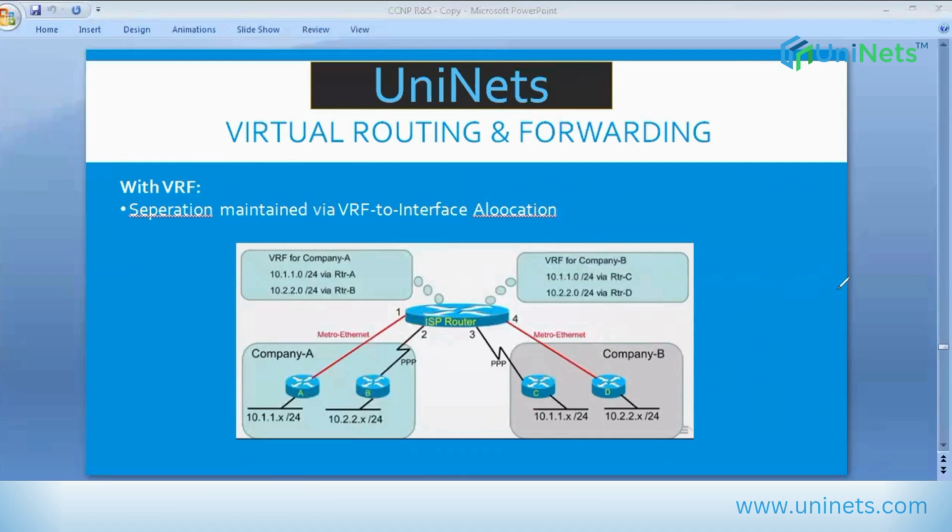Now with this, whenever C needs to speak with 10.2.2.x, it will go to router D. And whenever router D wants to speak with 10.1.1.x, because of this VRF, we have only two networks pointing to router C and router D. There can be no case where router D communicates with router A for network 10.1.1.x.